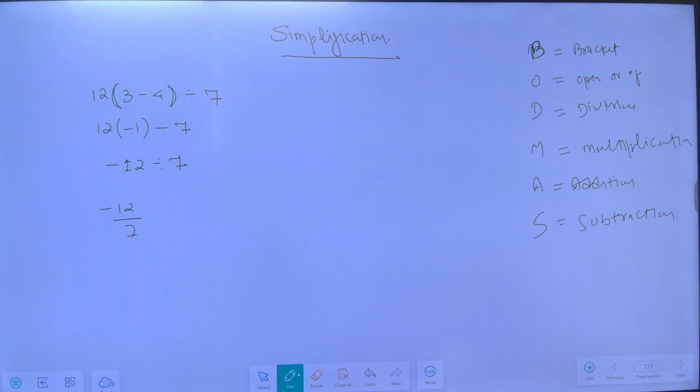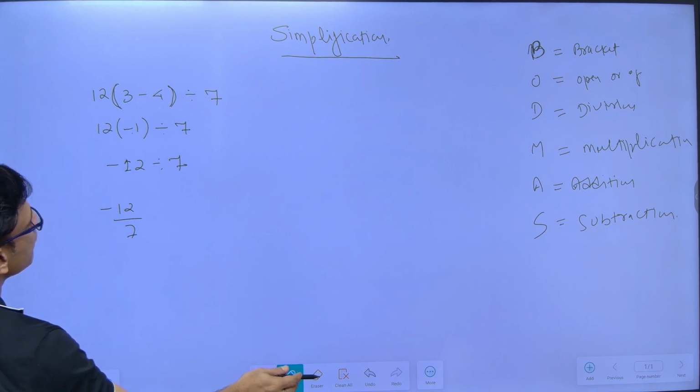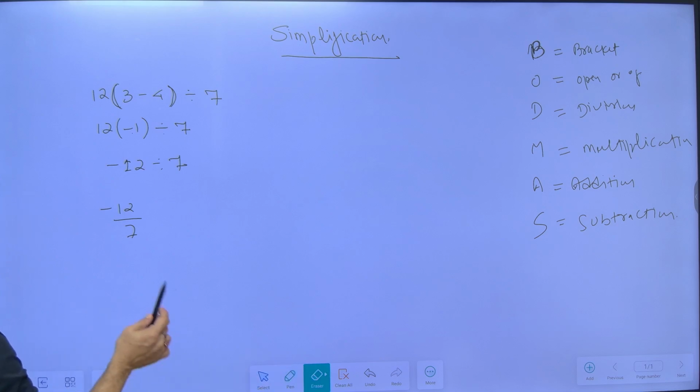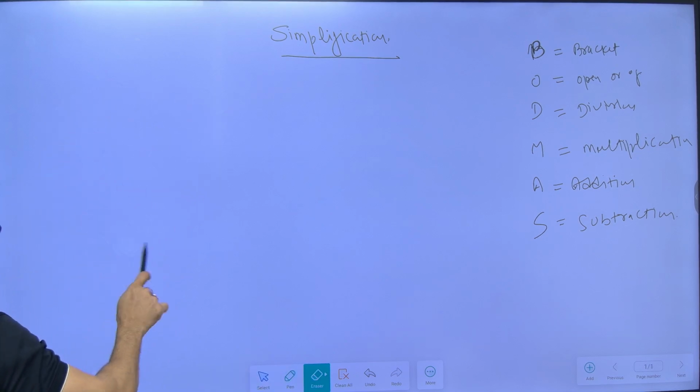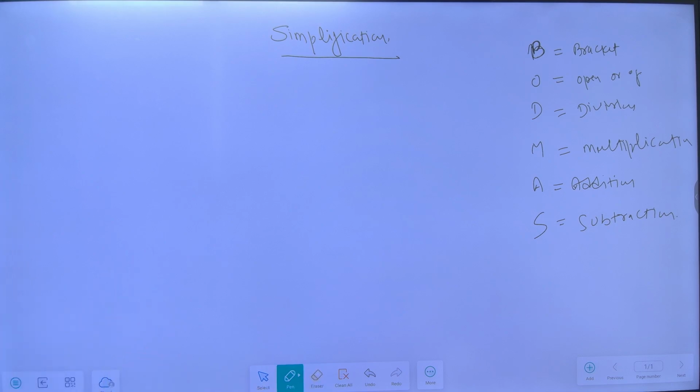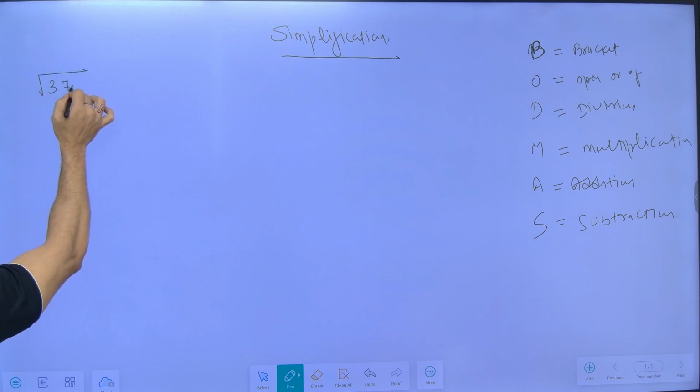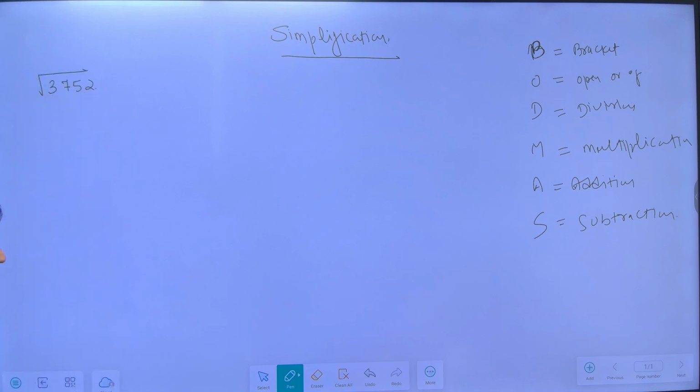Right? Third is approximation of root values. Right? Let's say under root of 3752. What is the approximate value of under root of 3752? A larger number, we'll take some smaller number.